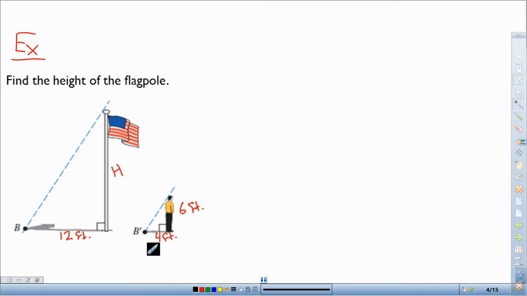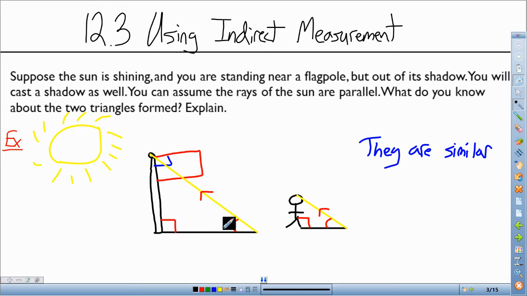Say the shadow we cast is 4 feet, and the shadow that the flagpole casts is 12 feet, and we are wondering what is the height of the flagpole. Okay, well, since we have similar triangles and we know the values of some of these side lengths of the triangles, we can create a proportion to find the missing side length, or rather the height of the flagpole. Okay, so that's exactly what we're going to do. And sorry, it's a little flip-flop. If you want to redraw it, you can, but you can just put these values onto your drawings.